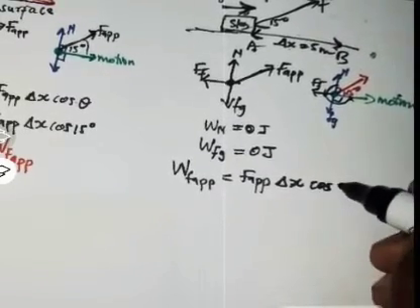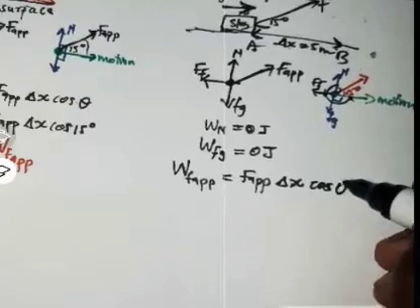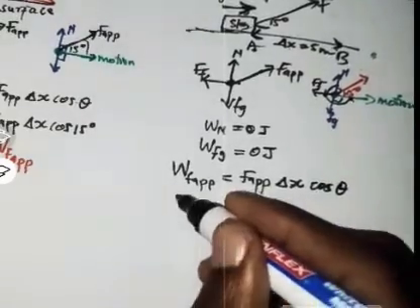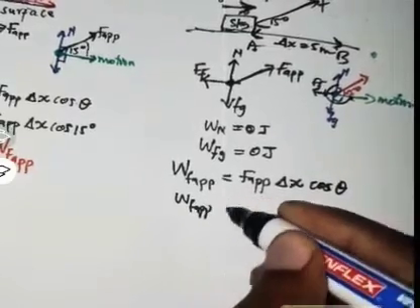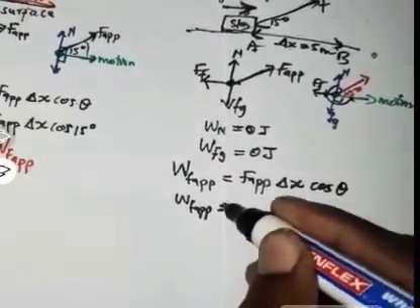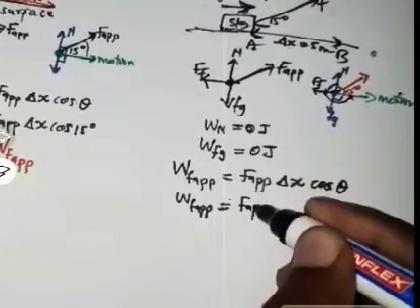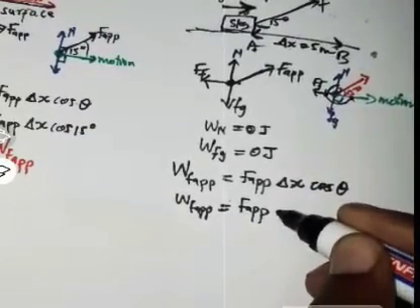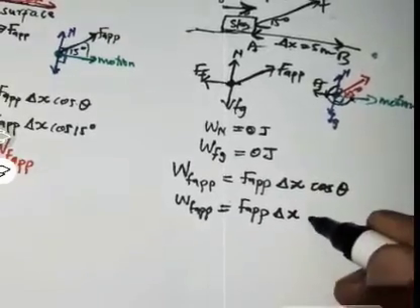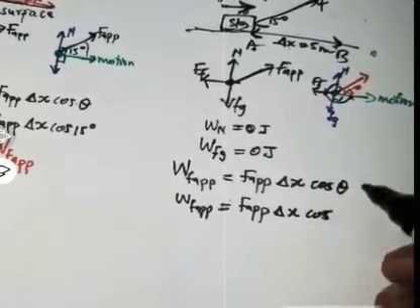Now work done by the force applied equals force applied multiplied by the displacement, the cos. The angle between the motion and the force is what?